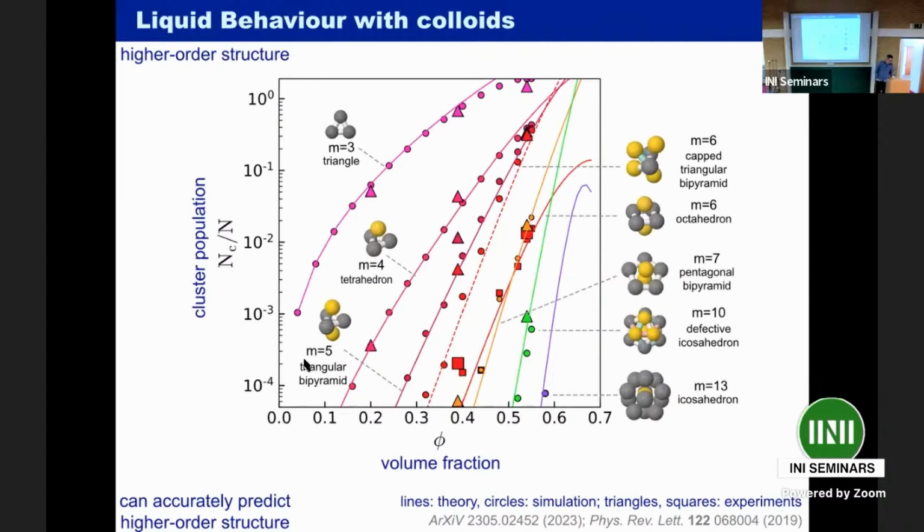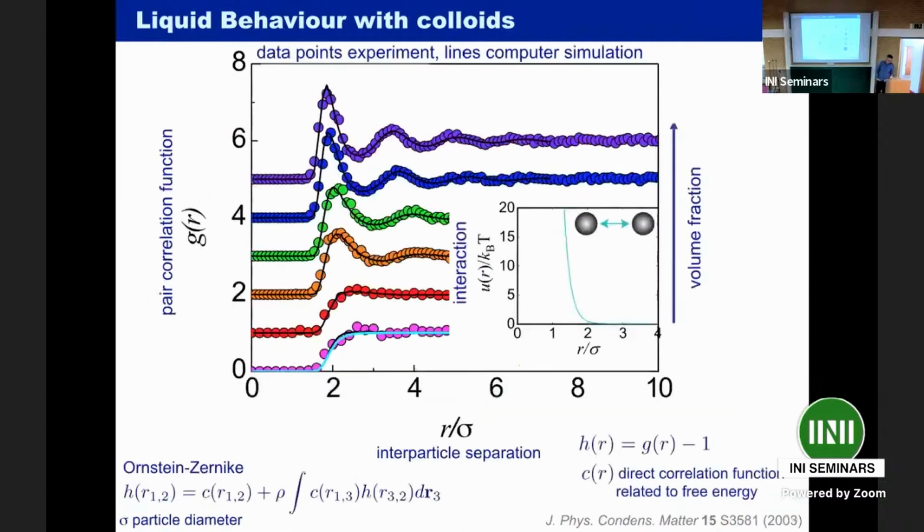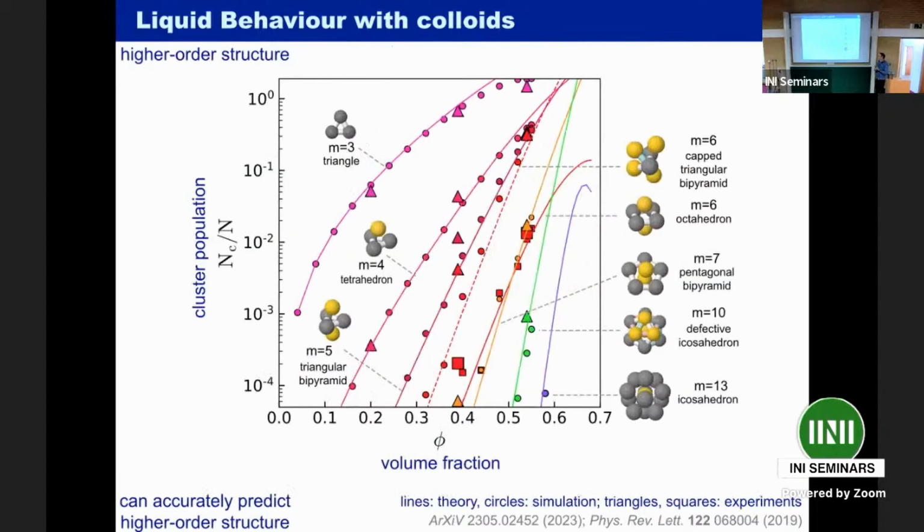So these are higher order correlations. This previous thing I showed was pair correlation, and these higher order correlations can be predicted. The solid lines are predictions from an approximation of density functional theory, the small data points are computer simulation, and the bigger data points are experiments.